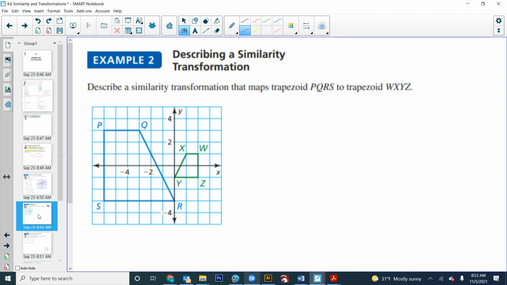All right. Take a look at this one. Describe a similarity transformation that maps the trapezoid PQRS to trapezoid WXYZ. Think about it for a second.